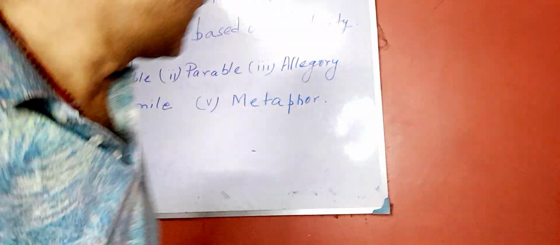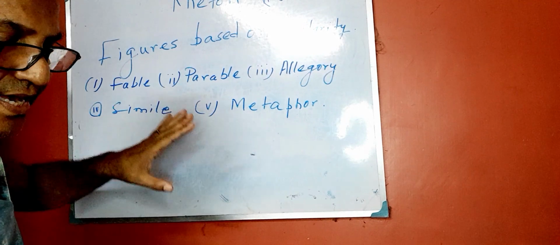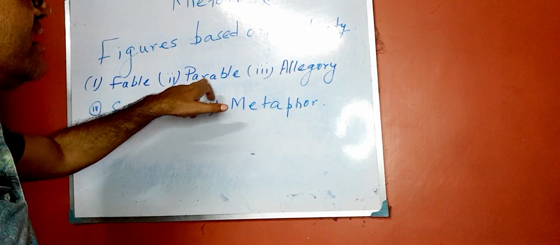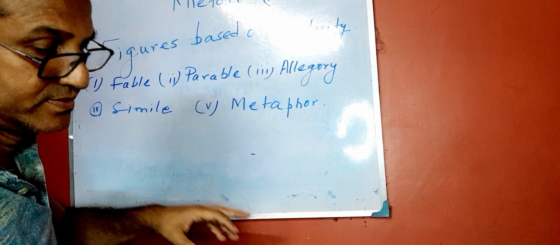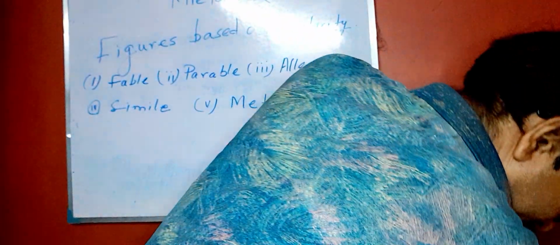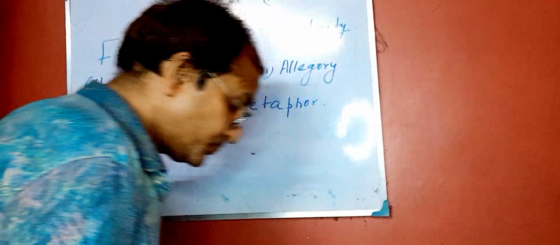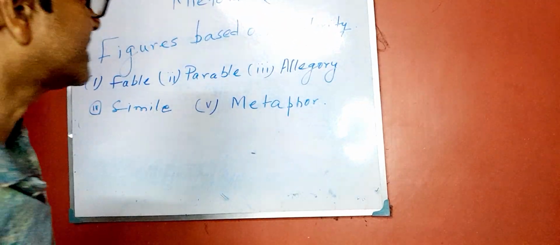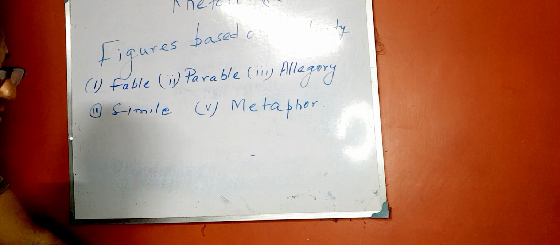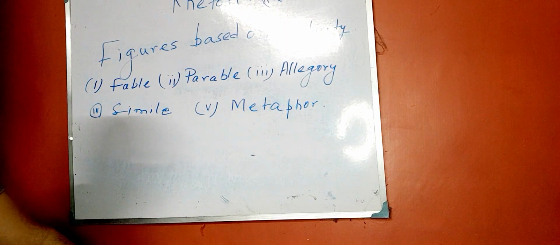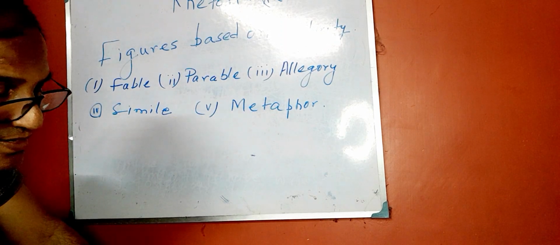So these are the ornaments. Okay. Fable, parable, allegory, simile, metaphor. These are the rhetorical ornaments in which correct speeches are clothed. So correctness is in the form. Why was correctness necessary?